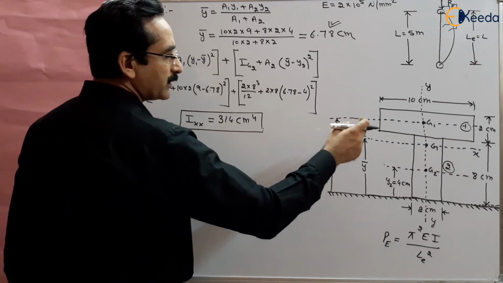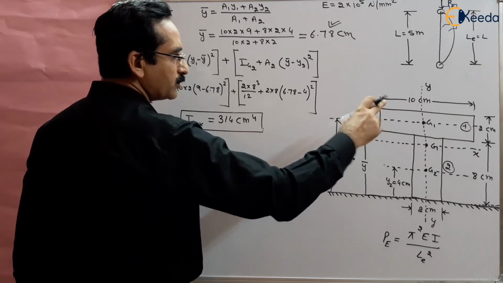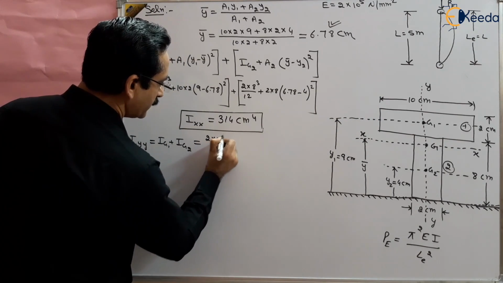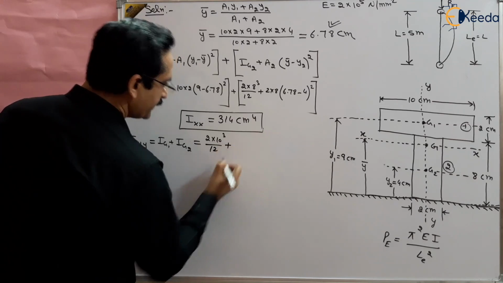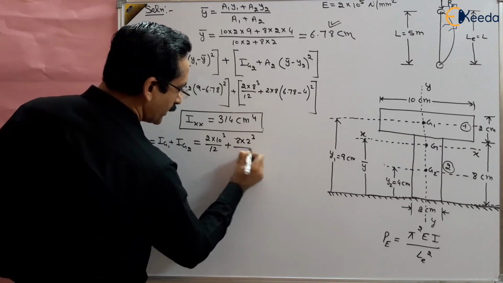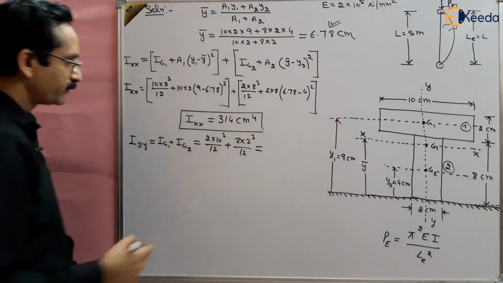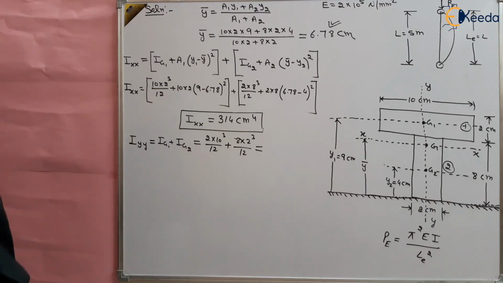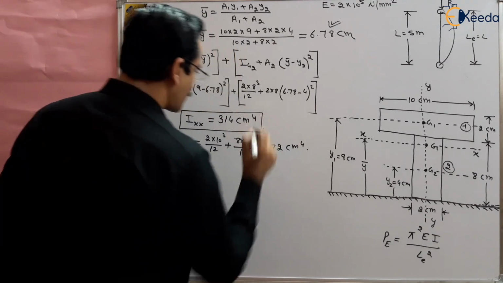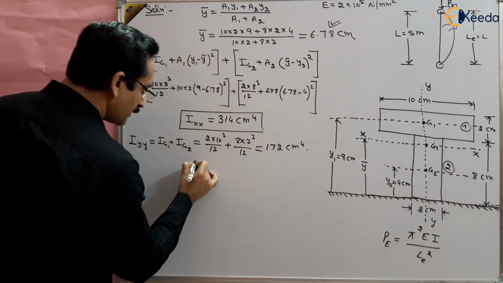So this is now db cube: 2 multiplied by 10 cube by 12 plus 8 multiplied by 2 cube by 12. Solve it and you will get Iyy as 172. So this is Iyy.